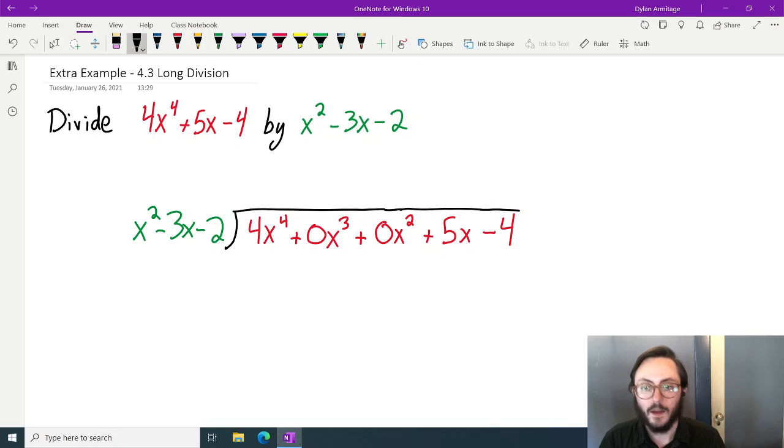Now, if you're wondering why we want to add zeros here, realize that polynomials do not require that we put zeros in as placeholders like for whole numbers.